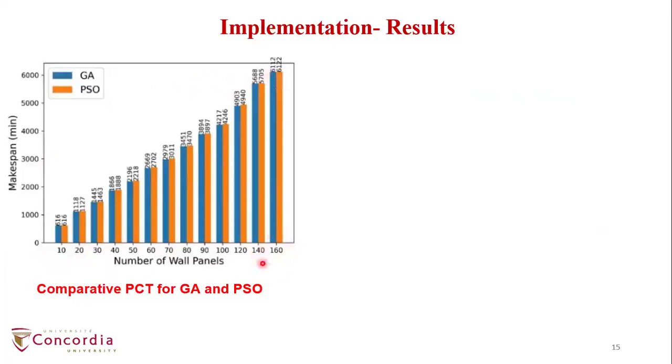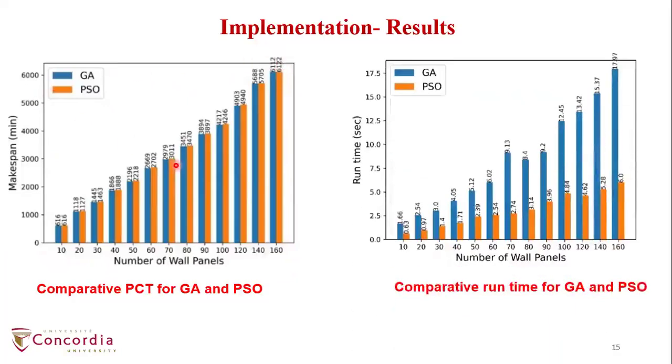For example, for 160 wall panels, the makespan is 6.12 minutes using GA and 6.22 minutes using PSO. After that, we compared the runtime of both algorithms, and we found that the runtime for GA is relatively higher than PSO. For example, for 160 wall panels, the runtime is 11.97 seconds using GA and 6 seconds for PSO.